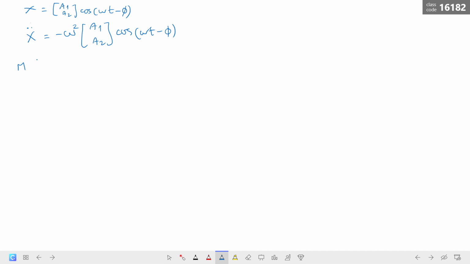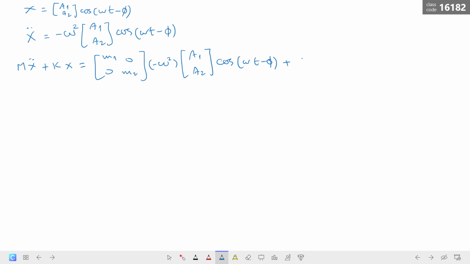Then m times h double dot plus k times h equal to m1 m2, h double dot is minus omega square a1 a2 cosine omega t minus phi, plus matrix k.